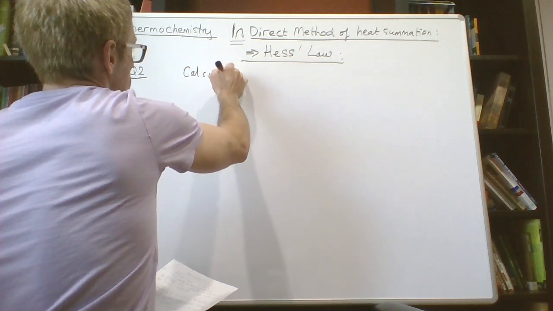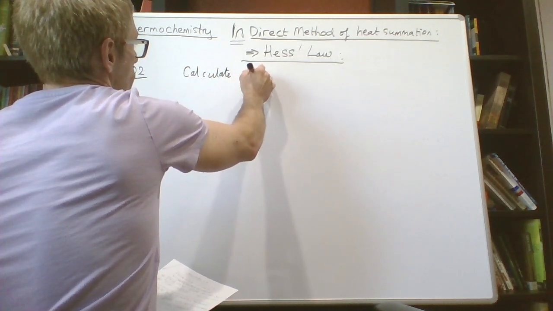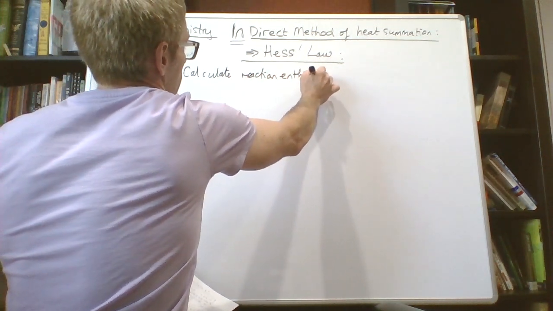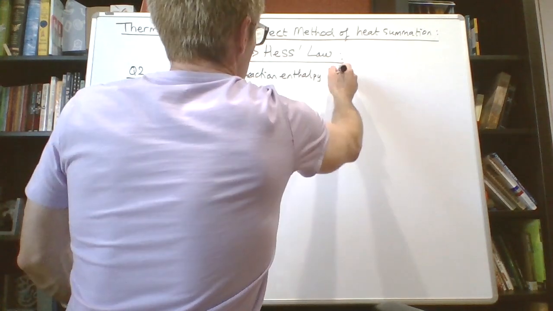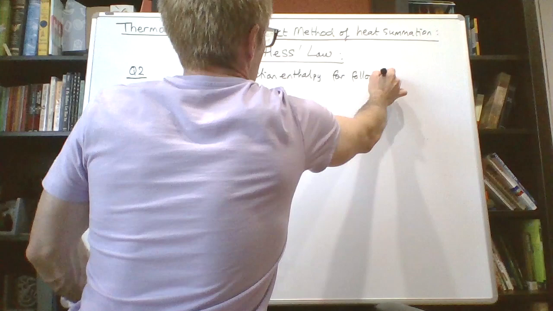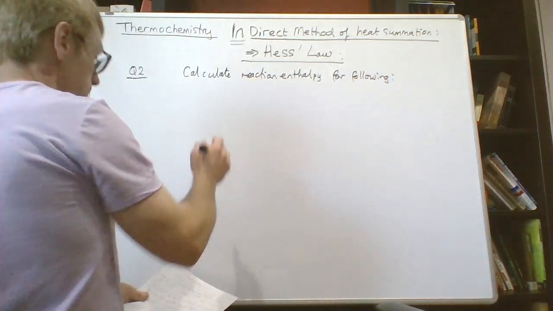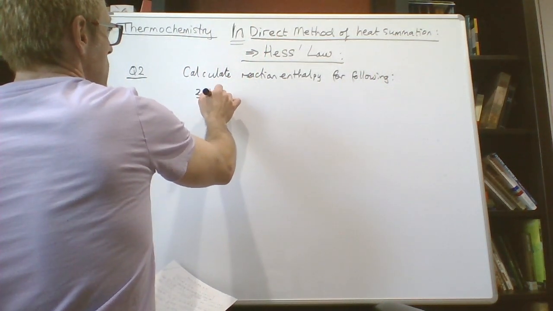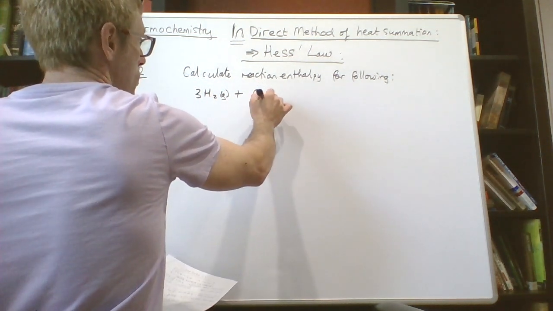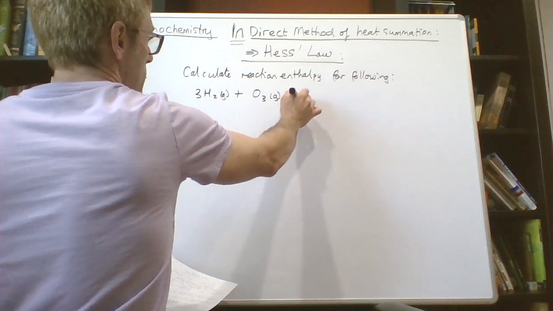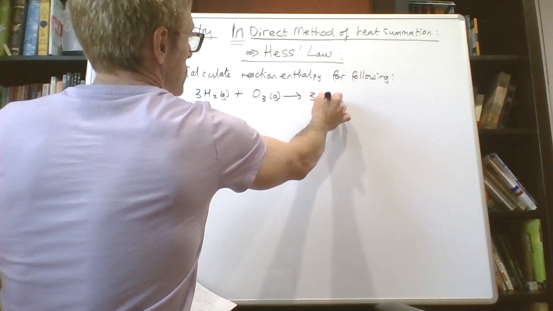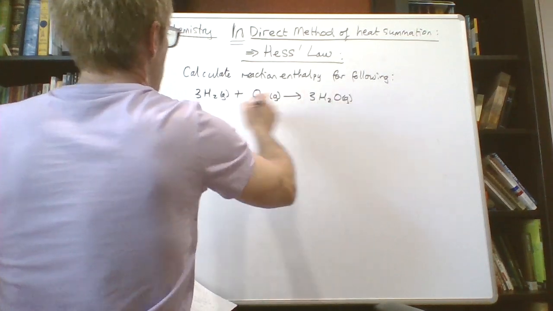Again, calculate the reaction enthalpy for the following reaction. We've got 3 H2 gas and ozone gas, so not oxygen but ozone, O3, to give water.